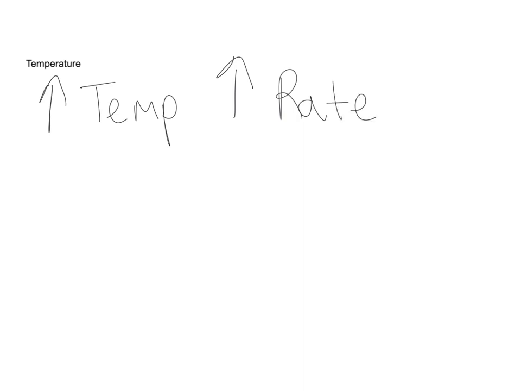So the effect of temperature on rate and collision theory is really twofold. Increasing the temperature increases the rate. Now if we link that to collision theory, it becomes quite apparent why it's so important. Increasing the temperature increases the energy of the particles, and it increases the speed that they are moving at, which increases the number of collisions.